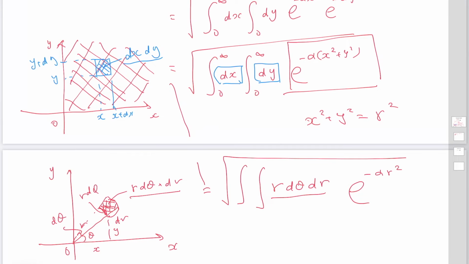Then we write down the ranges: theta is changing from 0 to pi over 2, and r is changing from 0 to infinity.